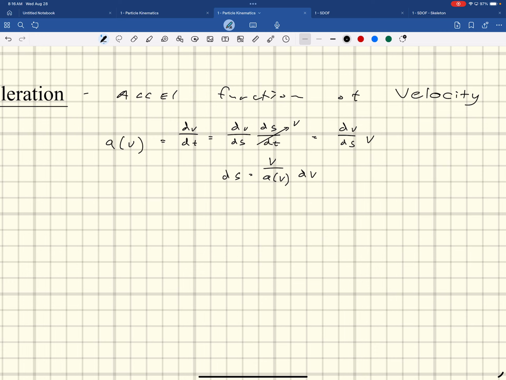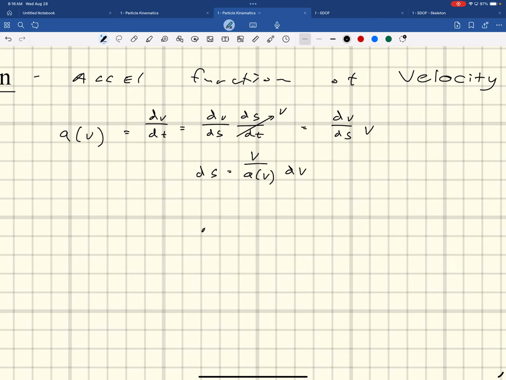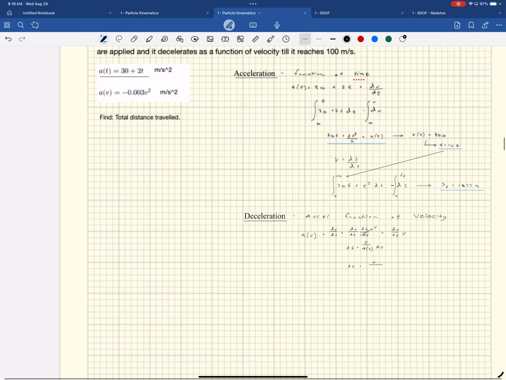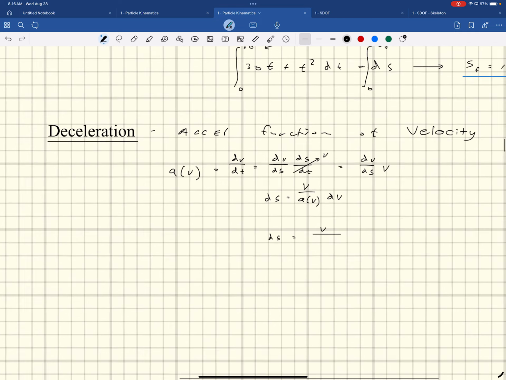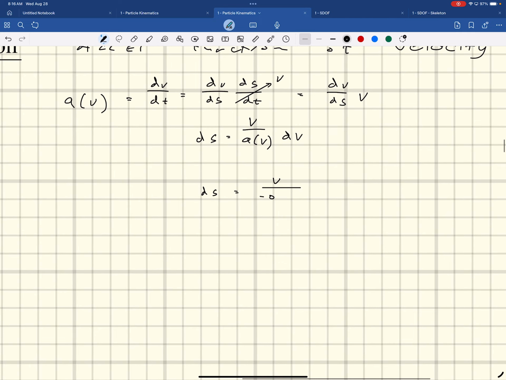And then we'll substitute in what the acceleration as a function of velocity is. ds is equal to v over, and this is where you put that equation which we had over here, negative 0.003 v squared, dv.